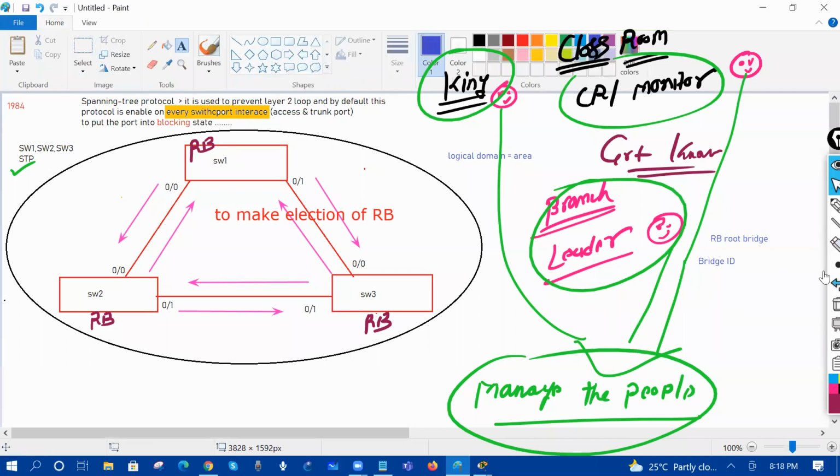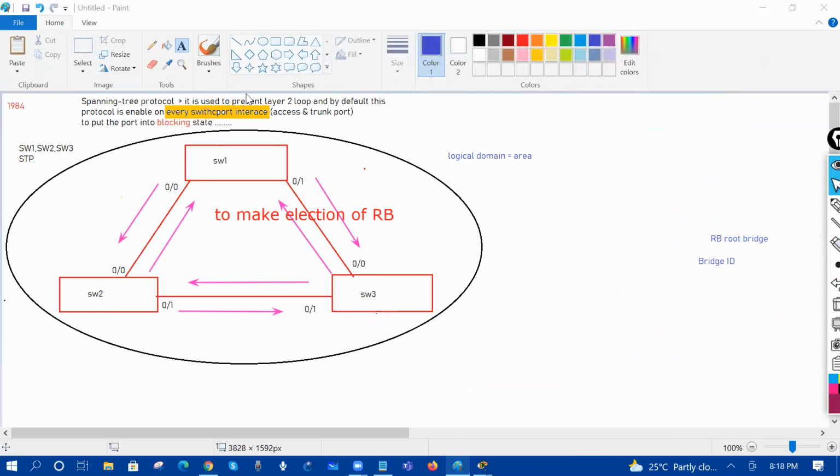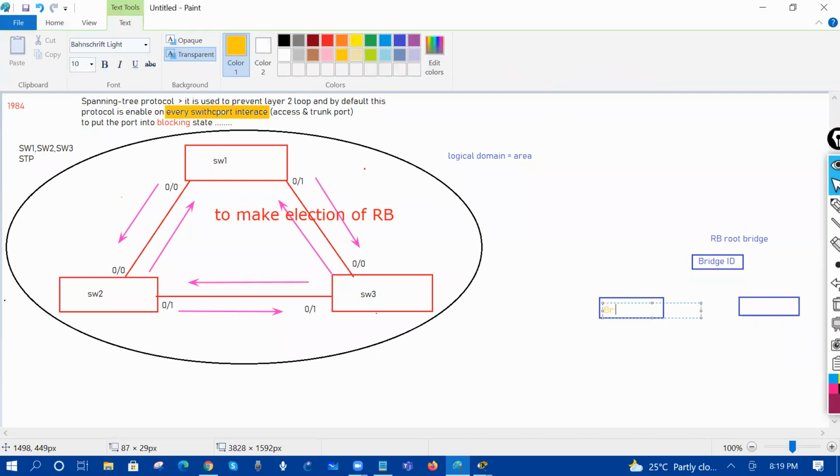Bridge ID is a combination of two things. One, we have a bridge priority, which is by default 32768, and we have a base MAC address. So the default priority is 32768.